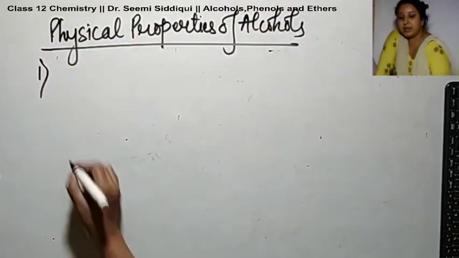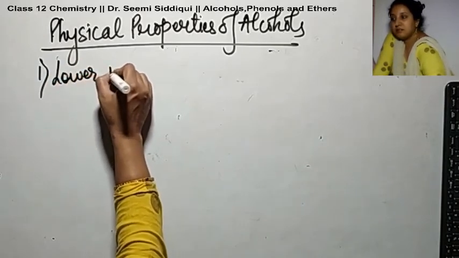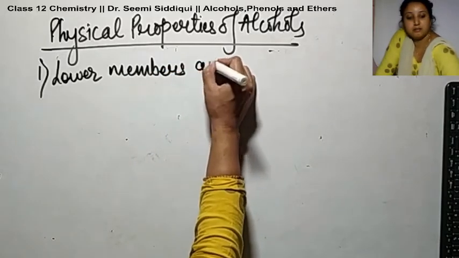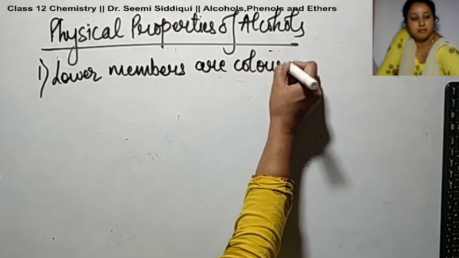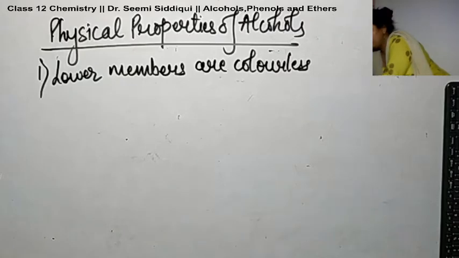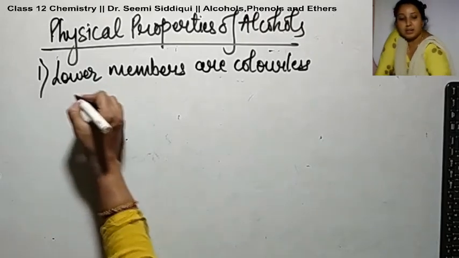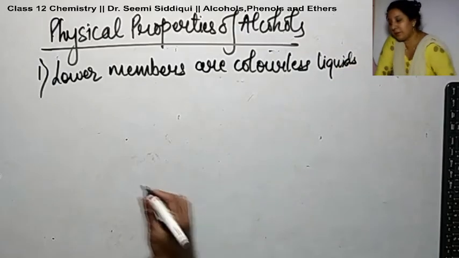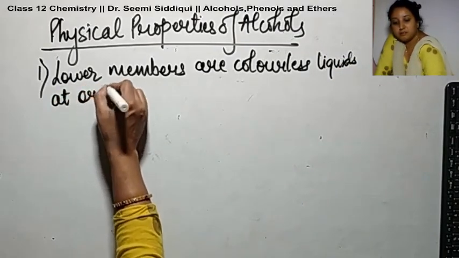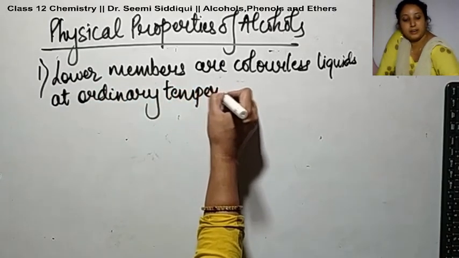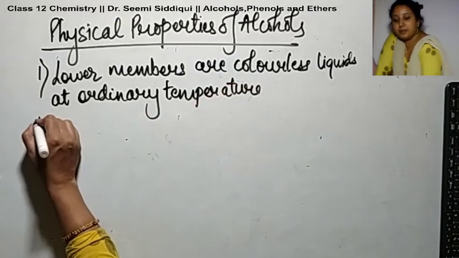The very first property: lower members are colorless liquids at ordinary temperature.